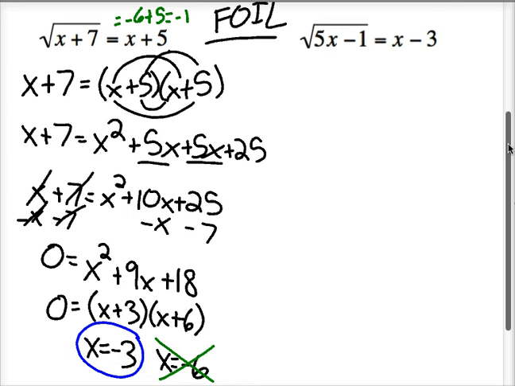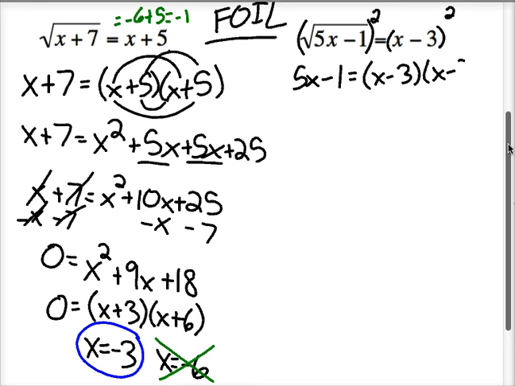All right, so I'm going to show you one more example just to make sure that is hitting home and that you recall what you need to do. So you have a square root that's already by itself, so you can square both sides. That undoes the square root. And then on this side, x minus 3, x minus 3. Again, the big idea is remembering that you can actually FOIL that.